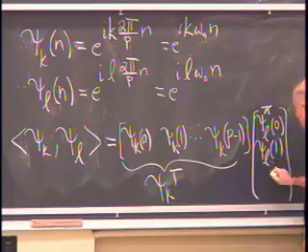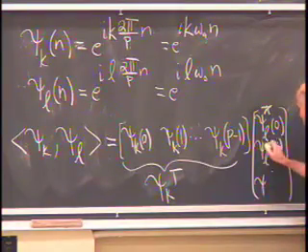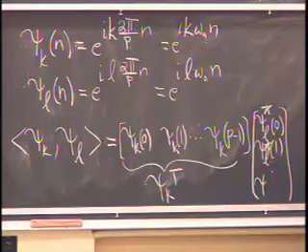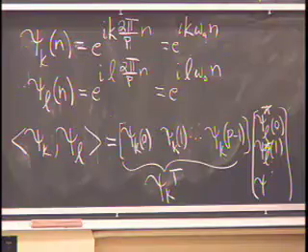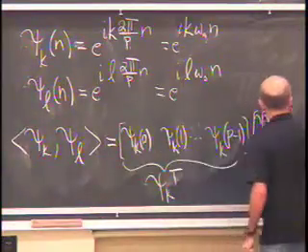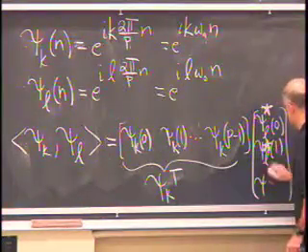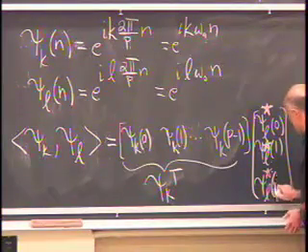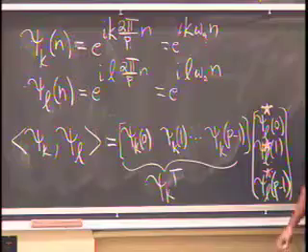CL1 all the way to C. Oh, got to put it in red. Conjugate, don't forget. CL P minus 1.